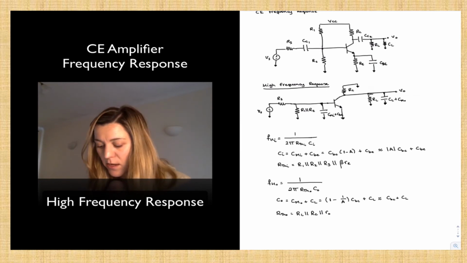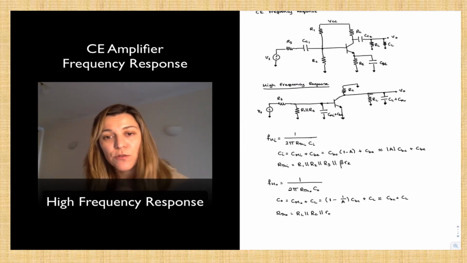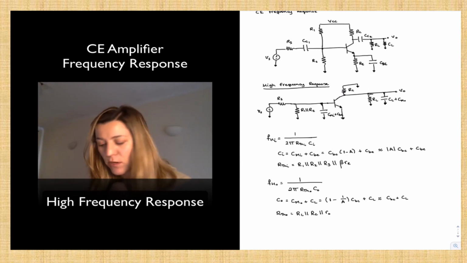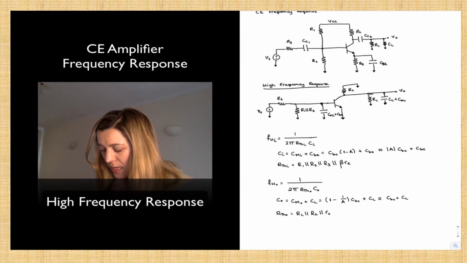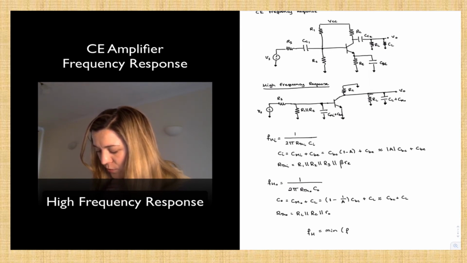And then I have two values for the two frequencies where I have my two poles, the one introduced by the input capacitance, the one introduced by the output capacitance, and I can consider my overall FH to be equal to the lowest, or the minimum, between the two, FHI, FHO.